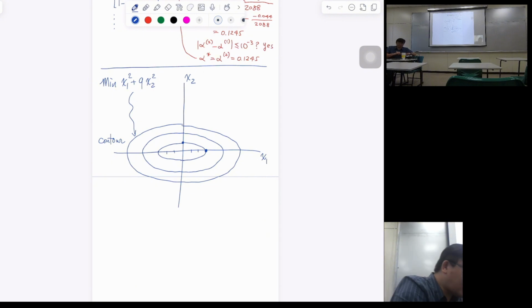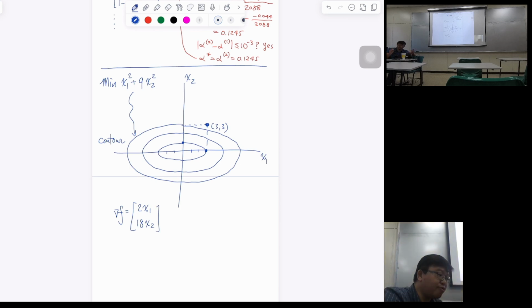Okay, and let's say you are somewhere here. So at a position of 3 and 3, if you try to compute the gradient, let's see how the gradient looks like. This is 2x1 and 18x2, right?